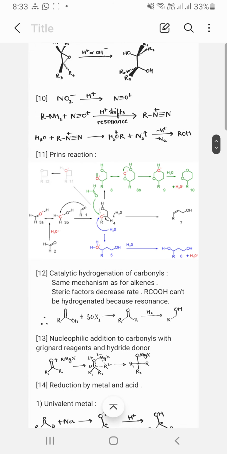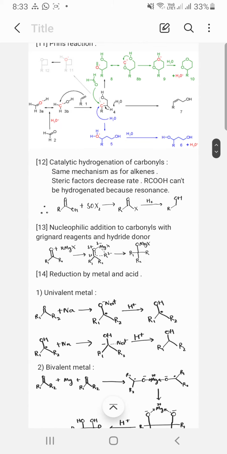But the main thing is that you can use formaldehyde on alkene to form weird products. All these weird products. Okay, catalytic hydrogenation of carbonyls. SOX2. Okay, cool.